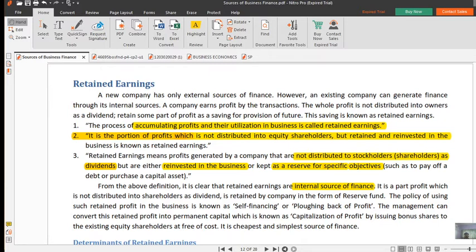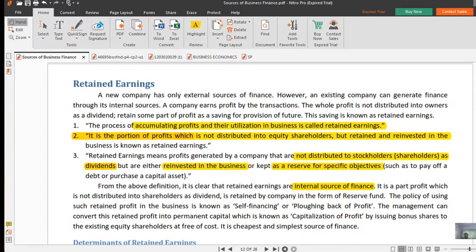Then what is meant by dividend? Dividend is the portion of profit which is distributed among the shareholders in respect of their shareholdings in the company.